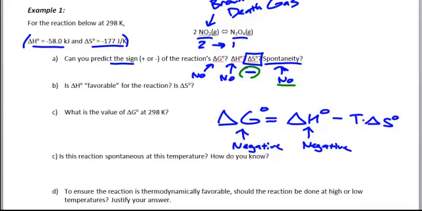So looking up at our enthalpy change here, it's negative 58 kilojoules, so yes, that's favorable. Exothermic reactions are favorable for spontaneity. Not all exothermic reactions are spontaneous, as we'll see, but if it's exothermic, that is a good sign. Is the entropy change favorable? Well, we already said our entropy change was negative here.